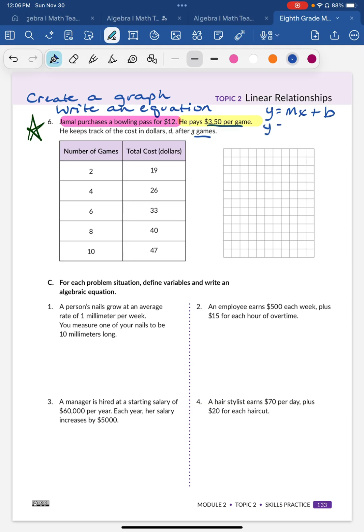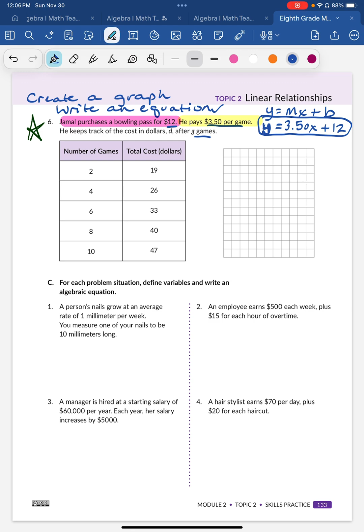So y is equal to the slope, $3.50. And then how much did he pay for the bowling pass? $12. So there's our equation. We've already done that part. We wrote an equation: y equals 3.50x plus 12.